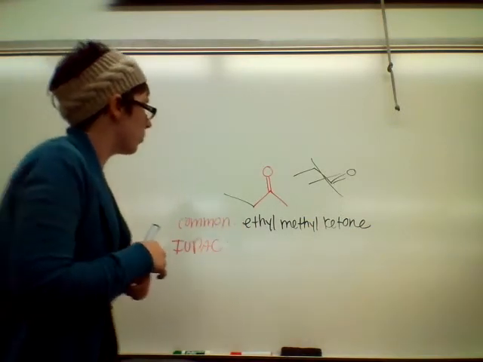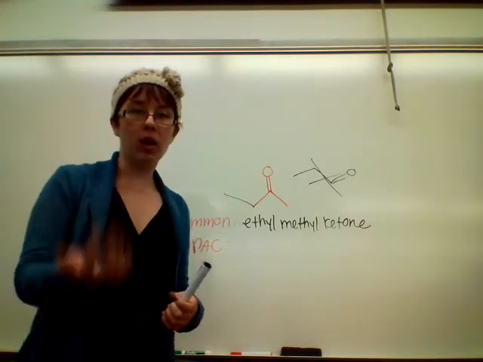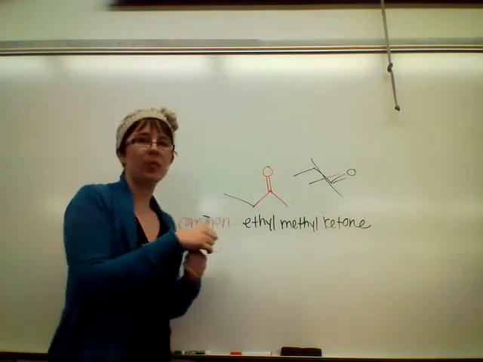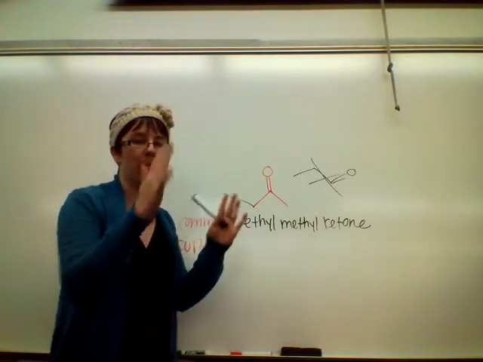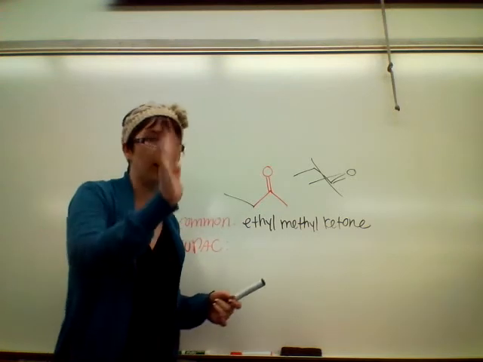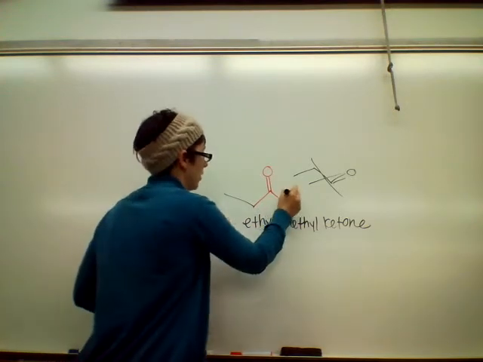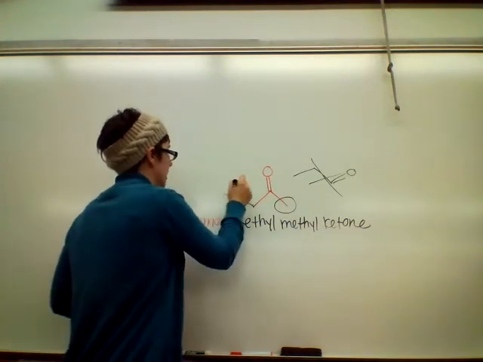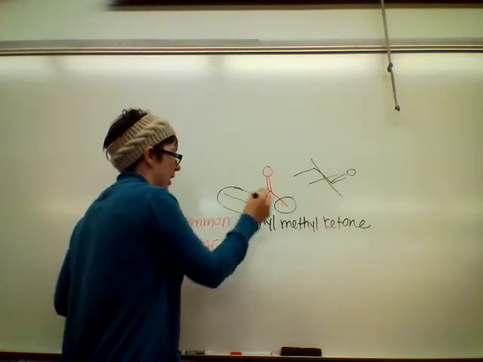And the reason why is because when you do common names, you name groups on either side of the carbonyl, not including the carbonyl. So over here, this is a methyl group, this is an ethyl group, therefore this is ethyl methyl ketone.